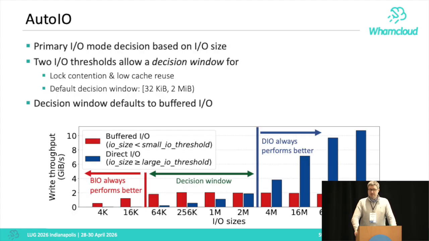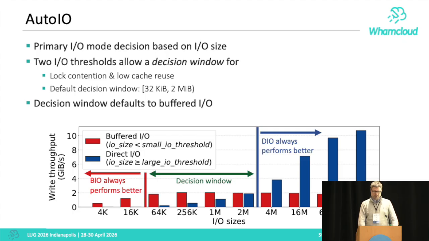But first, about the decision window that I was talking about. This specific blue line here is the threshold that we have in hybrid I/O. Everything on the right of that is direct I/O, and everything on the left of that in hybrid is buffered I/O. What we did with auto I/O is that if we look at the state of the file system, like if we have a lot of lock contention on that file, there could be a window where direct I/O could be more competitive than buffered I/O even earlier.